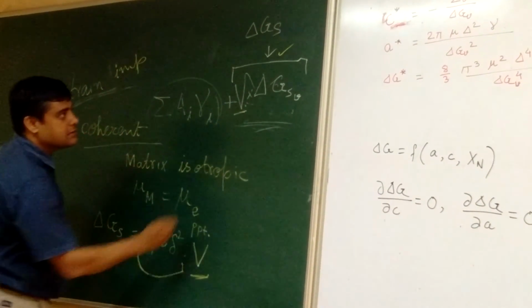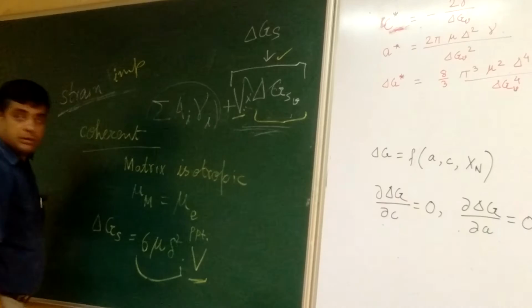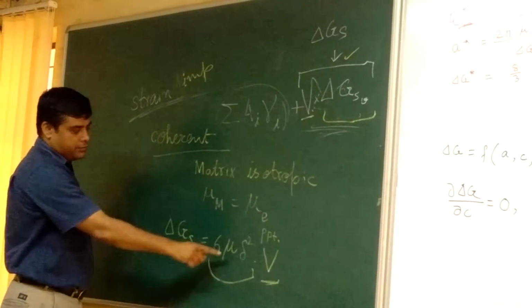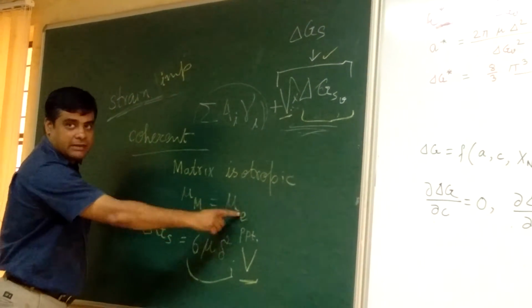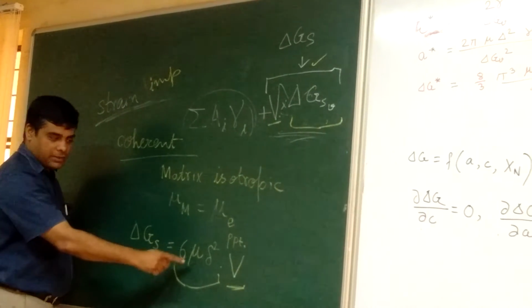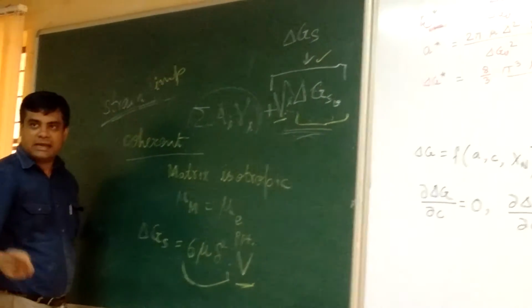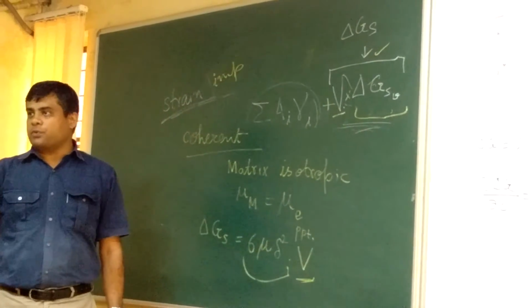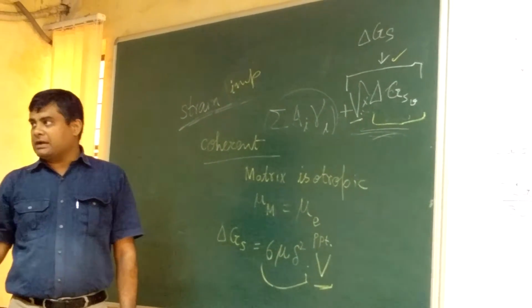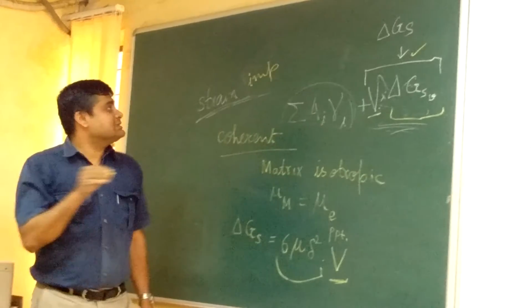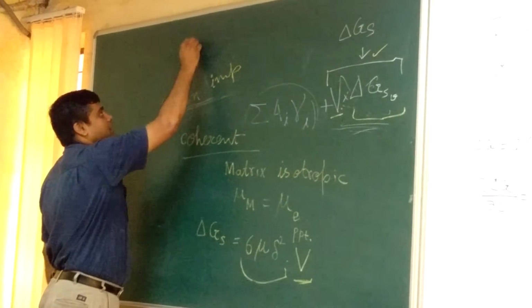So this part is this one. So mu is the same for matrix and precipitate. So it is the matrix shear modulus then. And what is this delta? This delta, in case of coherent precipitate, is the lattice misfit.